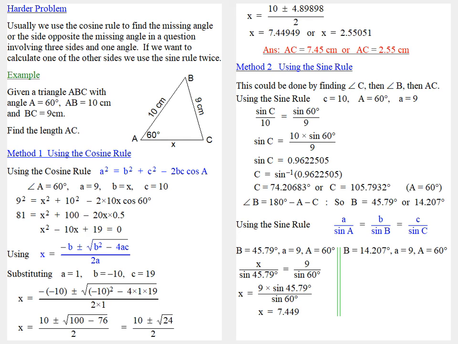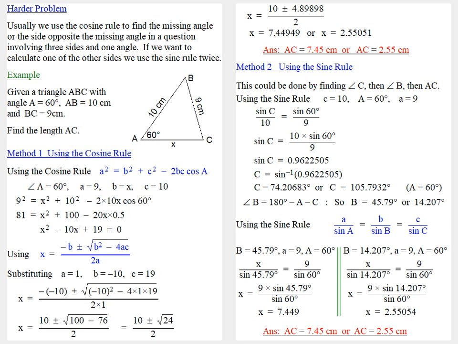If we take B as being 14.207 degrees, then side a is equal to 9 and angle A is equal to 60 degrees. So, x over the sine of 14.207 degrees equals 9 over the sine of 60 degrees, which means x is equal to 9 times the sine of 14.207 over sine of 60, which works out to be 2.55054.